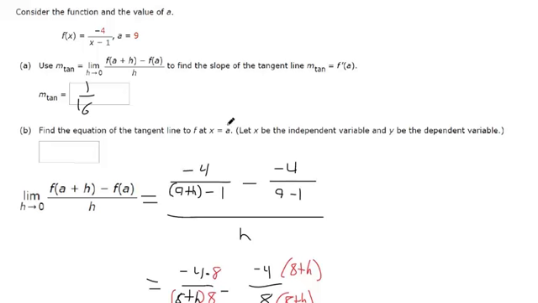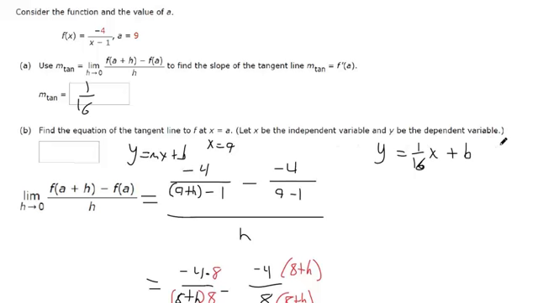Find the equation of the tangent line. A line is y equals mx plus b, right? We've got our slope. Our slope is 1 over 16. So that goes in for m. And we just need to be able to plug in a point to find out what b is. It's the slope of the tangent line at x equals a, and a in this case is 9.